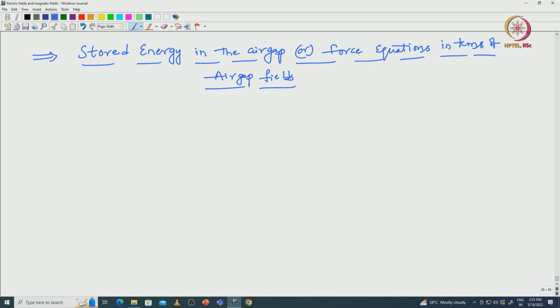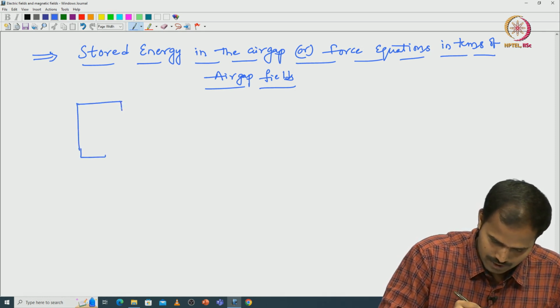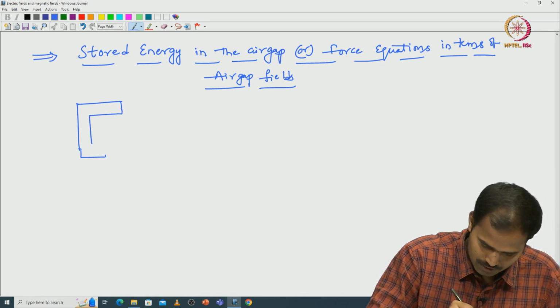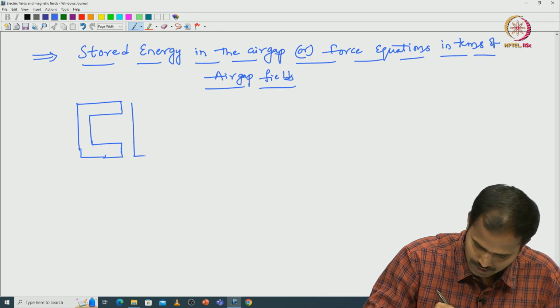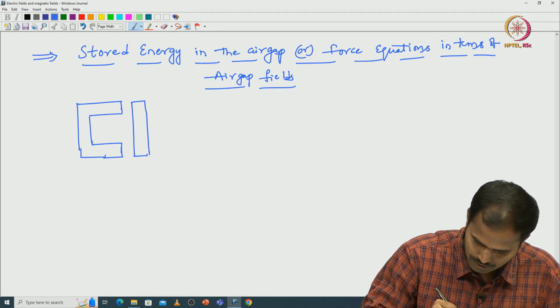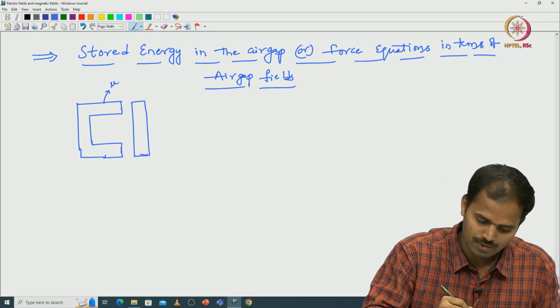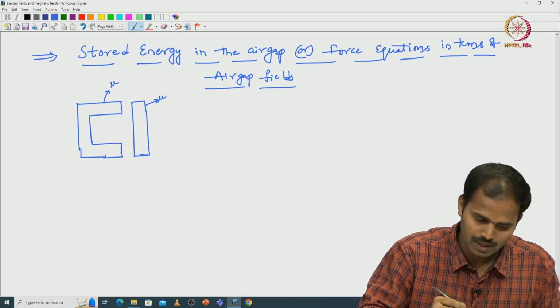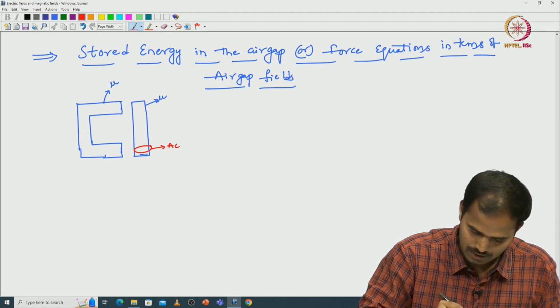air gap fields. Consider the same magnetic circuit. Consider a C core and an I core which is moving, and permeability is mu, and area of cross section is Ac.